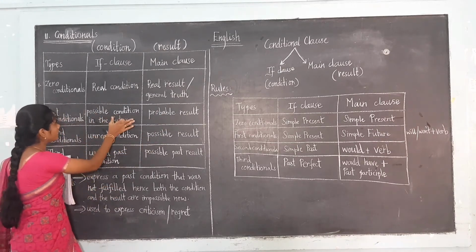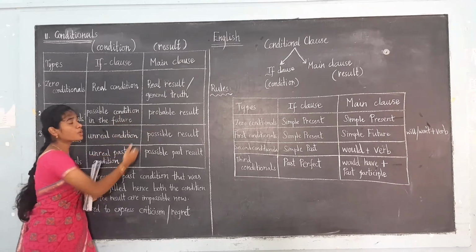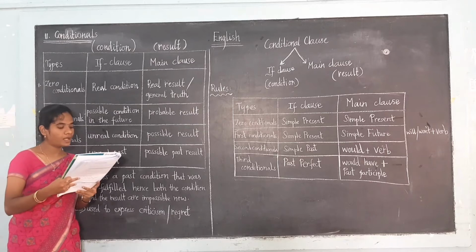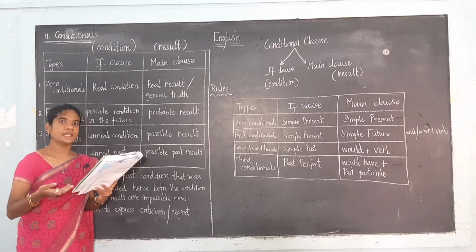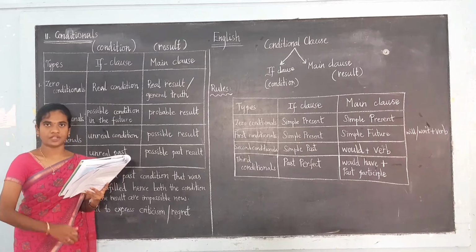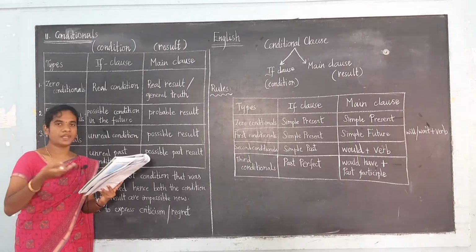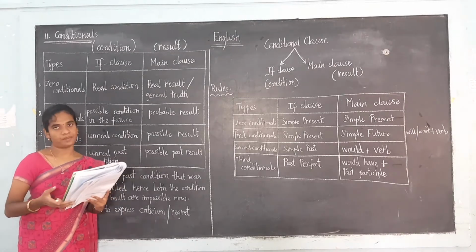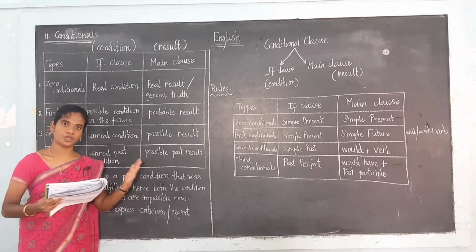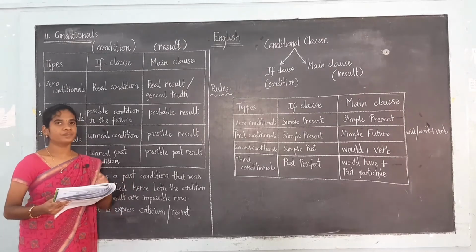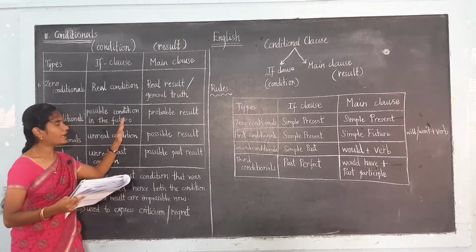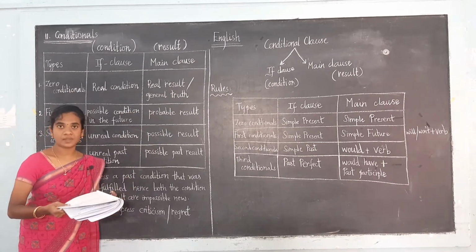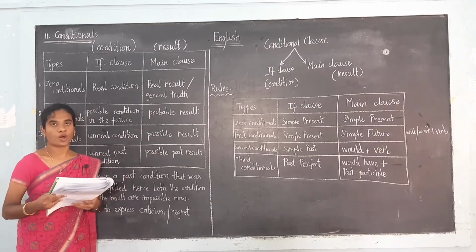See the example: if I go to the market, it is a possible condition in the future. The person may go to the market, and then will buy some bread. After going to the market, the person will buy the bread. It is the probable result.